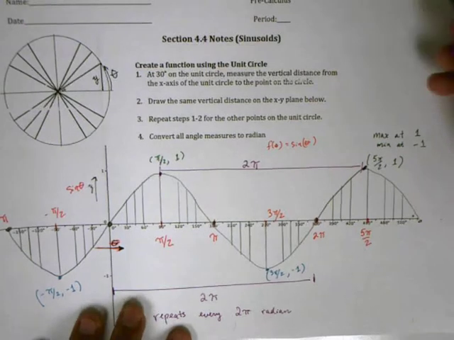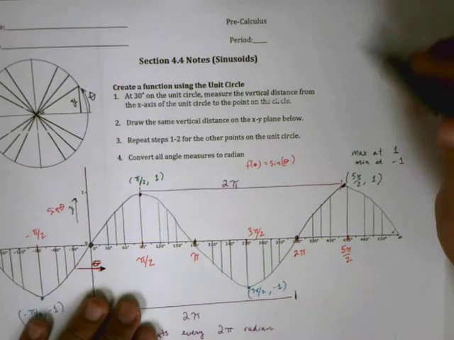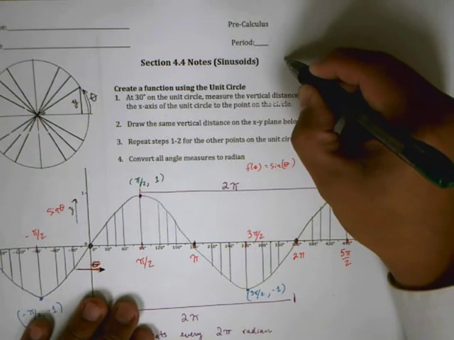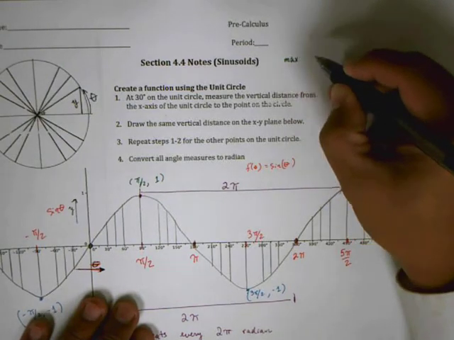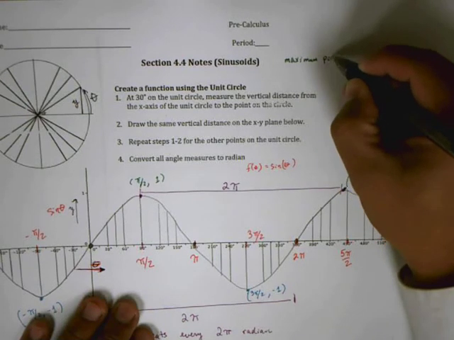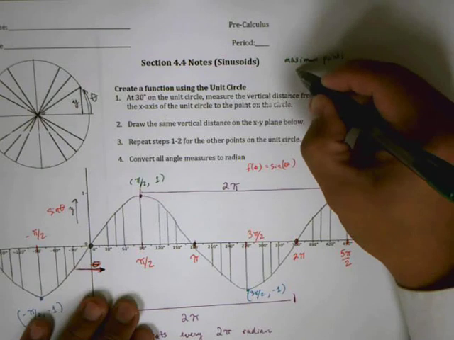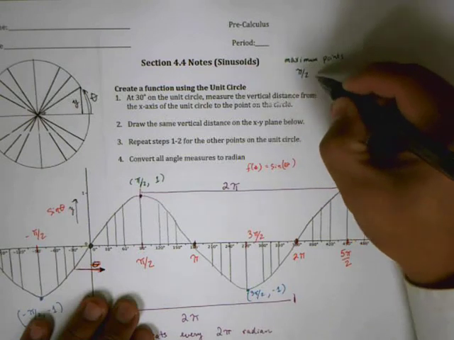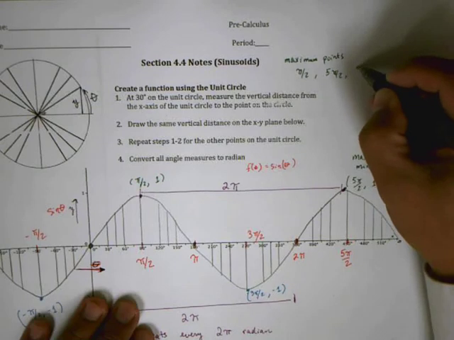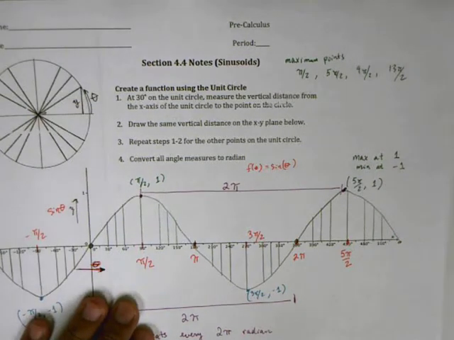Okay, so we can write up here that all of the maximum values or maximum points occur at pi over 2, 5 pi over 2, 9 pi over 2, 13 pi over 2, and so on.